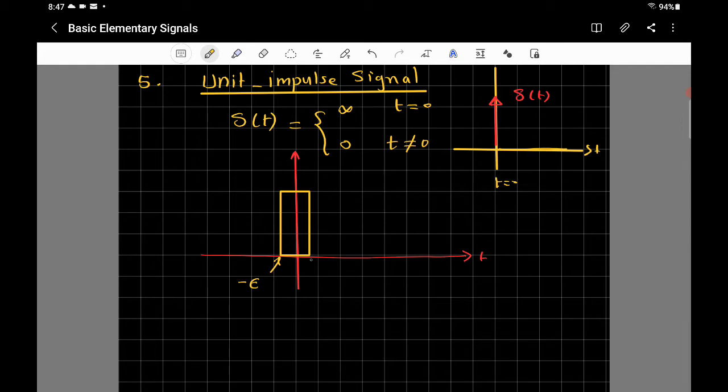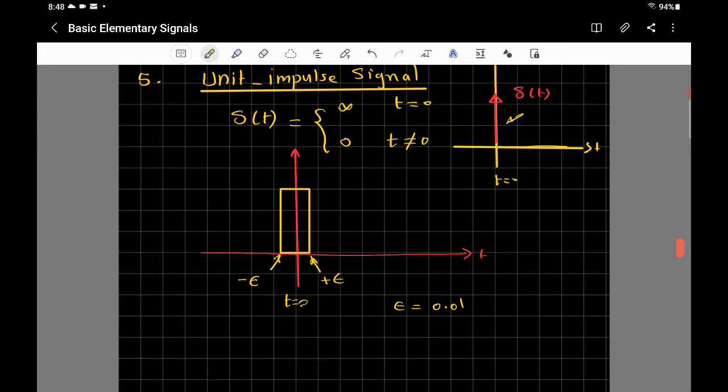It's a very small number, and positive epsilon, a very small number, less than 1. You can say, for example, that epsilon is equal to 0.01. Very small, something just close to t equals 0. But imagine how we can get this unit impulse.